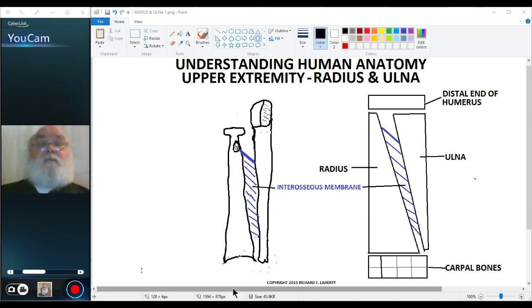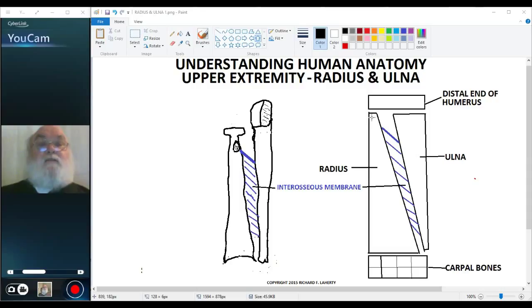In this slide, I've added a schematic diagram of the radius and ulna and their articulations with the humerus and the carpal bones. So we have the distal end of the humerus up here, two trapezoids, the radius and the ulna.